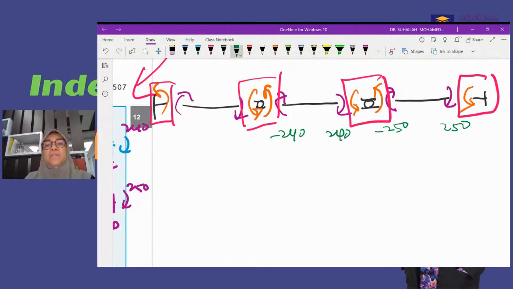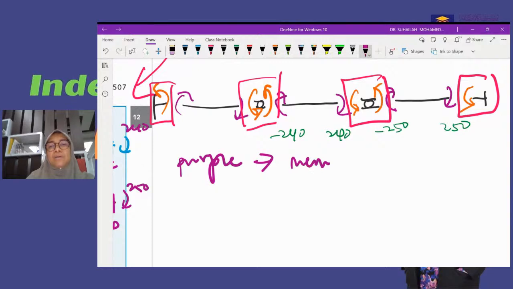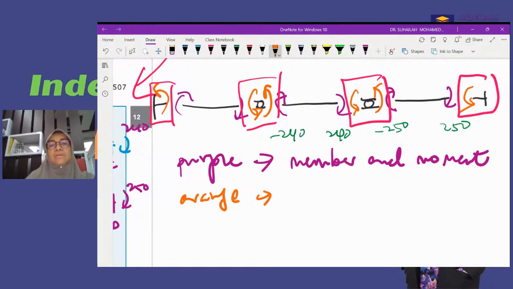What we want to distribute is not the purple arrow, but the orange arrow. The orange arrow is opposite with the purple arrow. Okay, purple, member end moment. Okay, orange, joint moment.